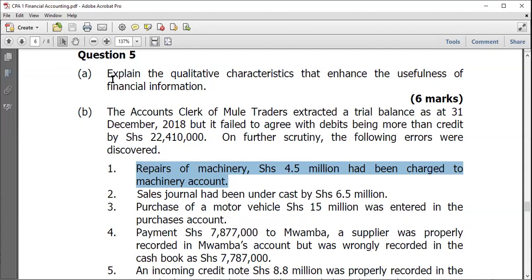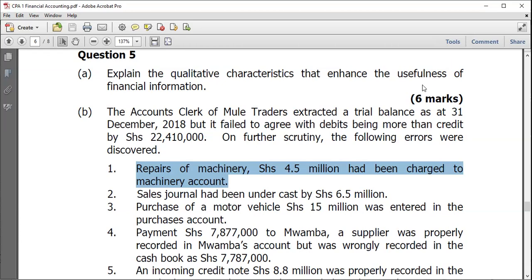So it's very important for us to understand that. Now, how we correct errors is we do the right thing. One, we correct the error that has been made and do the right thing. You get it? Basically, we reverse out the error and then do the right thing.